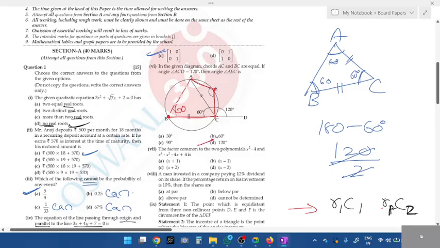Look how easy. Within 10 seconds you have to answer these types of questions, not more than that. Isosceles, you should be quick. 60. Don't write any steps. This is just an MCQ question. Solution is not required.